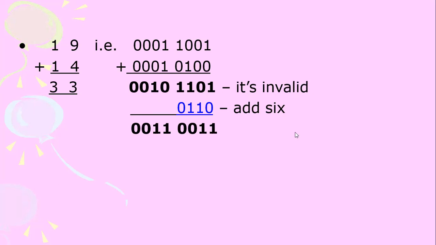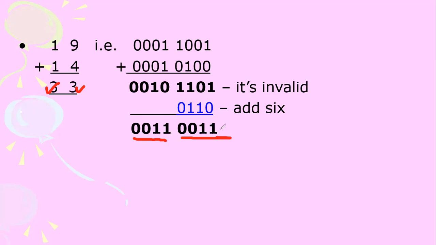So after adding, we ask ourselves, is 0, 0, 1, 1 the binary equivalence of this 3? So what you do, just convert 0, 0, 1, 1 back to its decimal equivalent and see whether you get 3.